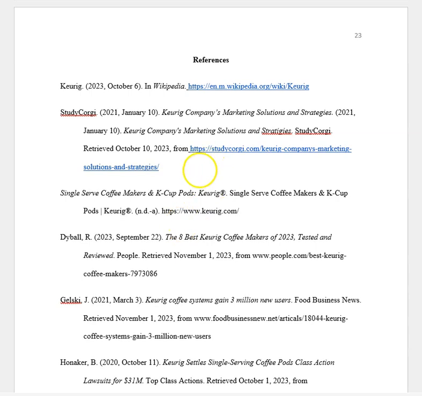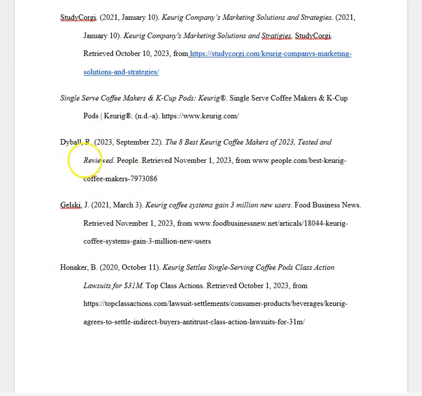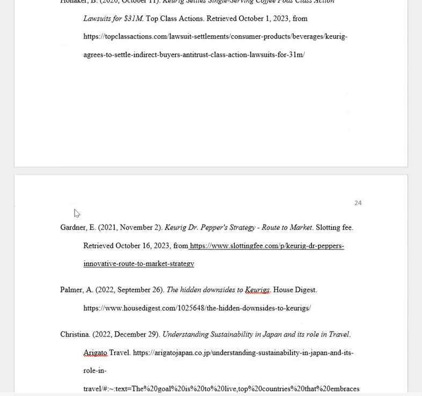So as much as I thought this was an excellent paper, you can see these are not in alphabetical order. In the references they should be in alphabetical order. They are reverse indented. Publication titles, not article titles, should be in italics.